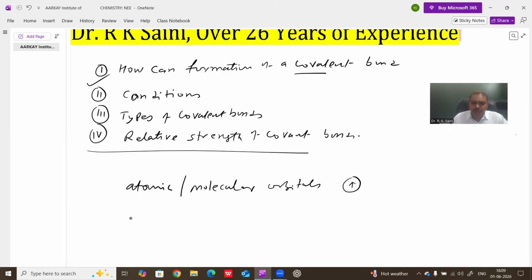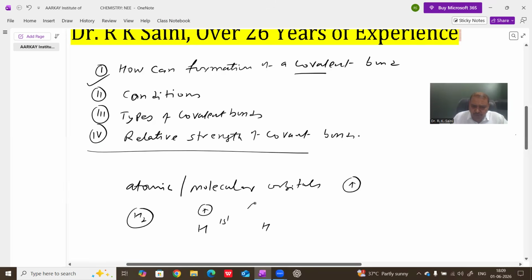For example, in case of H2 molecule, 2 hydrogen atoms, 1 hydrogen atom has 1 electron in 1s orbital and another hydrogen atom also contains 1 electron in 1s orbital.